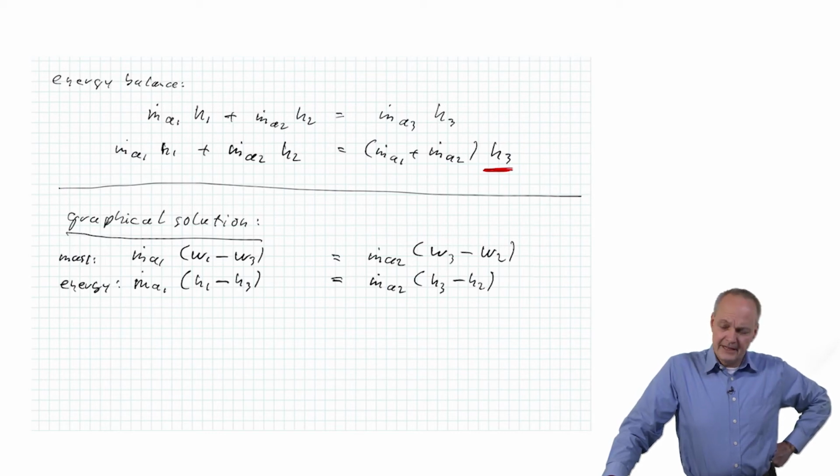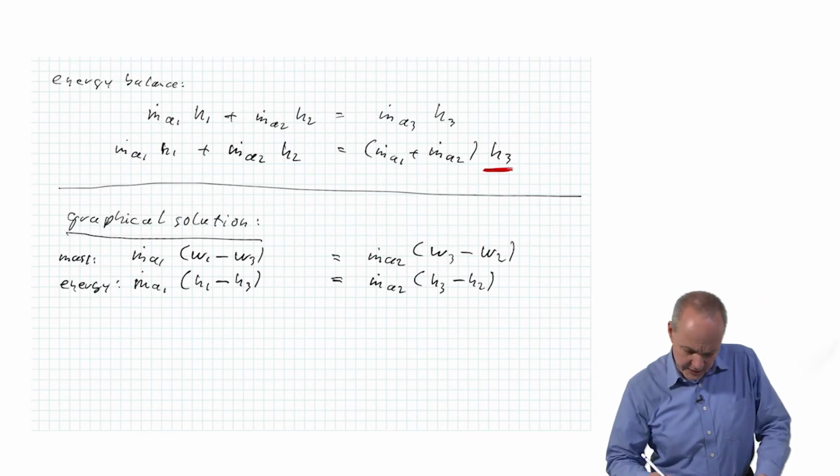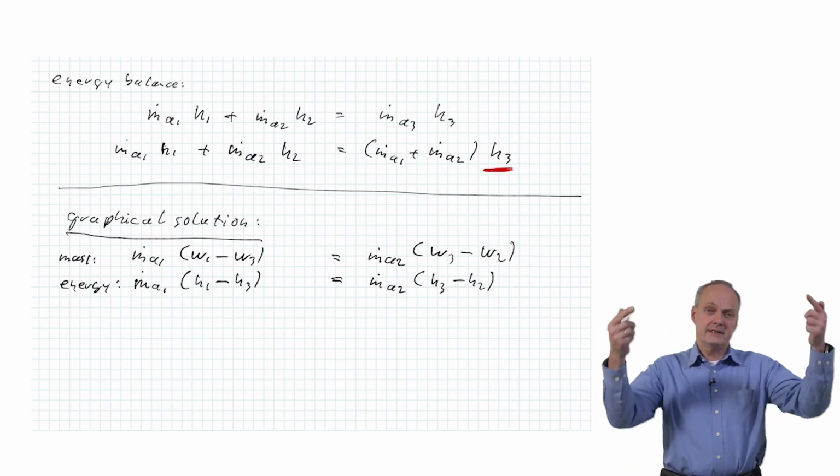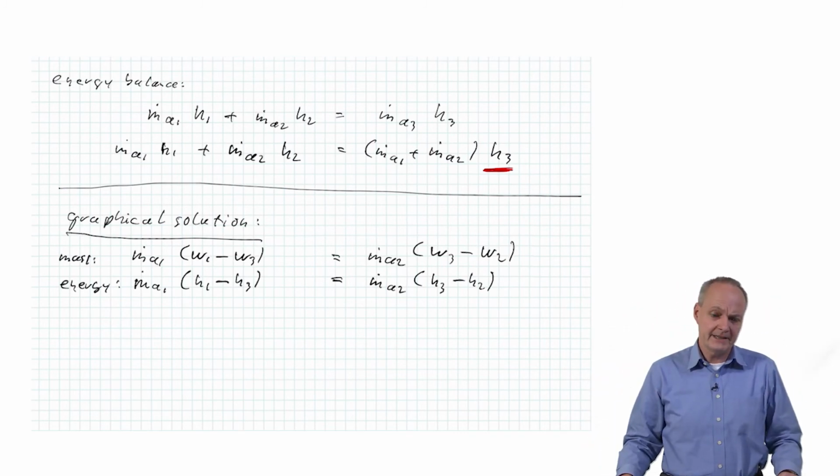Actually, this is really nice. What I can do here now is, if you look at these equations, it always says left-hand side is equal to right-hand side. So if I take these two equations and divide them by each other, it's still an equation, right?